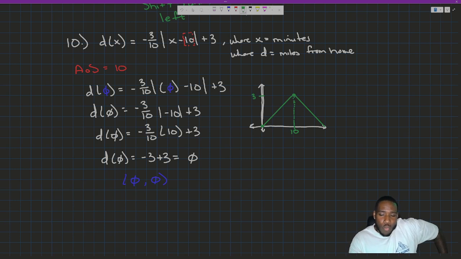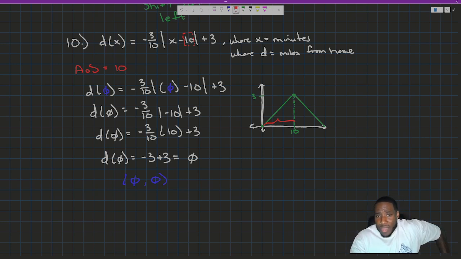And so we've created this kind of absolute value function by paying attention to the key features in the scenario presented to us. So if this chunk right here is 0 to 10, right? That's 10 units. And we know that axis of symmetry splits this graph perfectly down the middle.